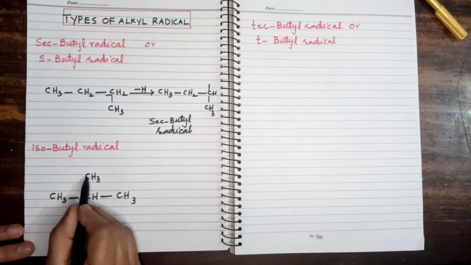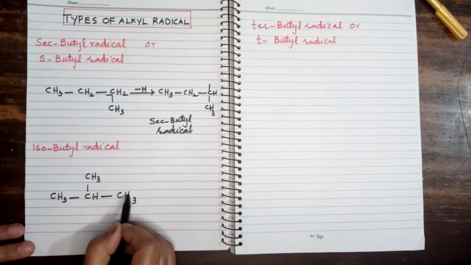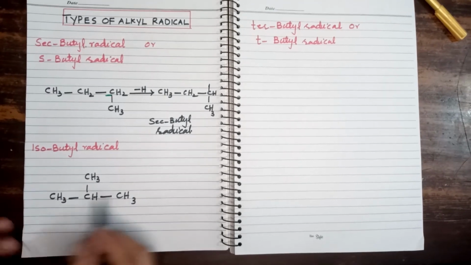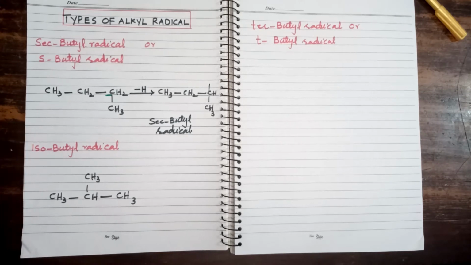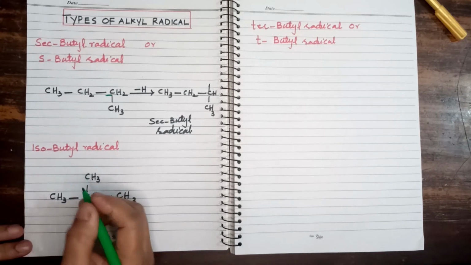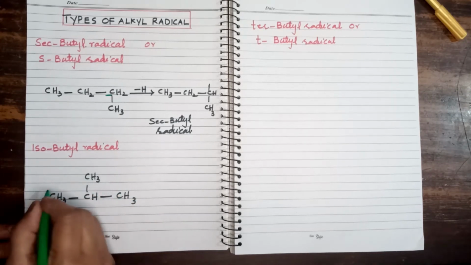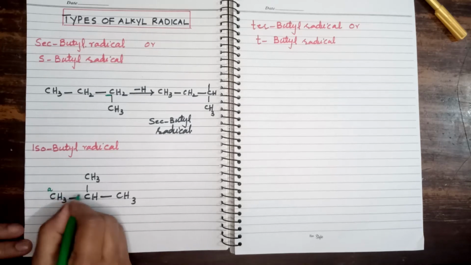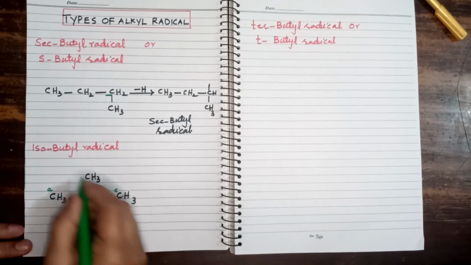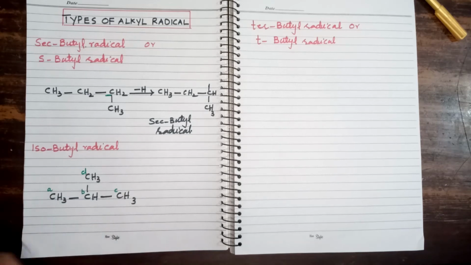Total carbon atoms are 1, 2, 3, 4. We specify these carbon atoms with letters: this is carbon A, B, C, D.